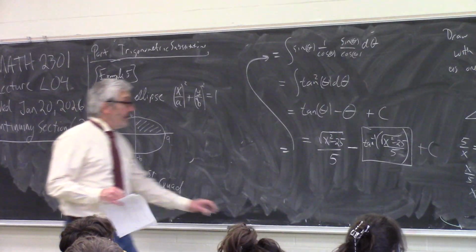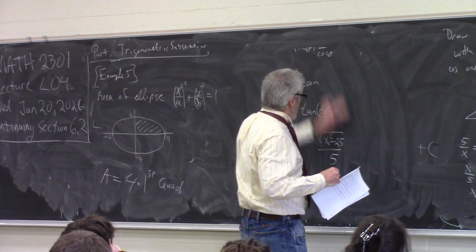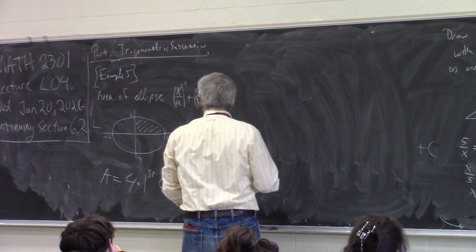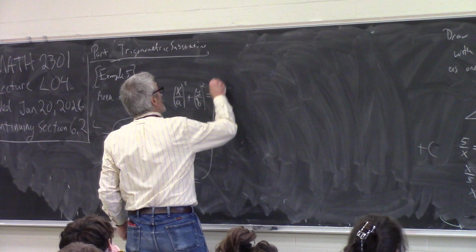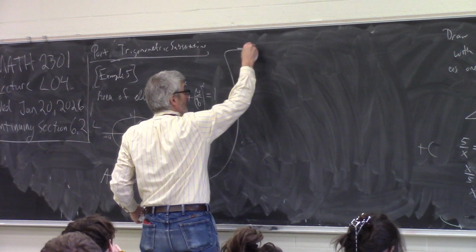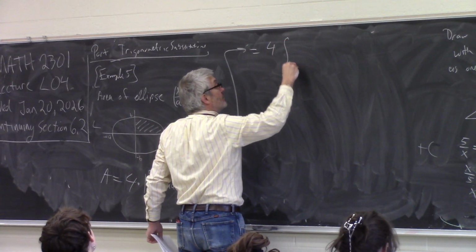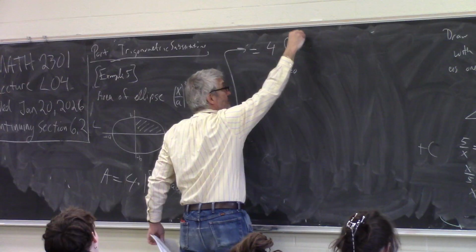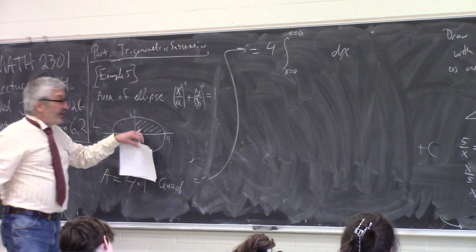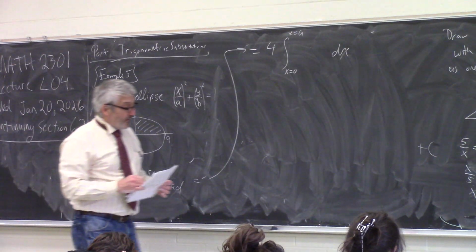So that's going to be 4 times an integral. The integral is going to be from x equals 0 to x equals a of something. You need to get an equation for this curve. Well, let's figure out that equation.